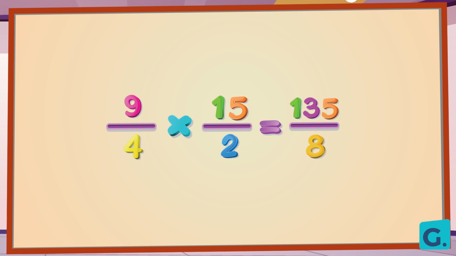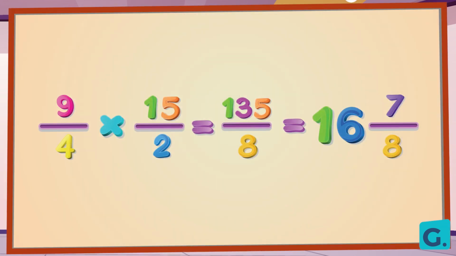So 9 over 4 times 15 over 2 is equal to 135 over 8. Now, what do we need to do next? We can't just leave the answer like this, so we are going to convert this back to a mixed number. So 135 divided by 8 is going to give us 16 whole number 7 over 8.